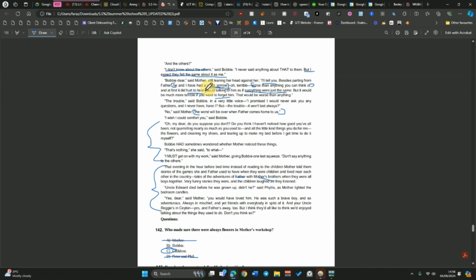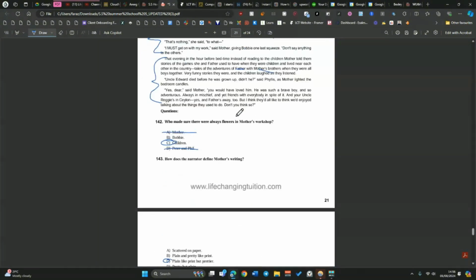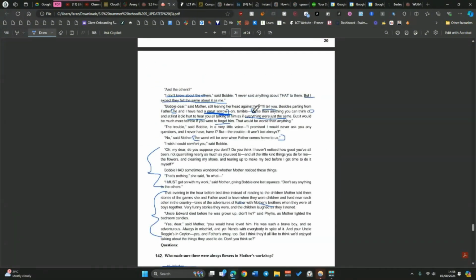It's a sorrow that is making her unhappy. It's basically thinking about what's happened, so it would remind her of the sorrow she and father had. That seems to match with what I just said. But I think there's a reason why I'm going to go with B over C, because this line pretty much evidences B: "So at first it did hurt to hear you all talking of him as if everything were just the same."